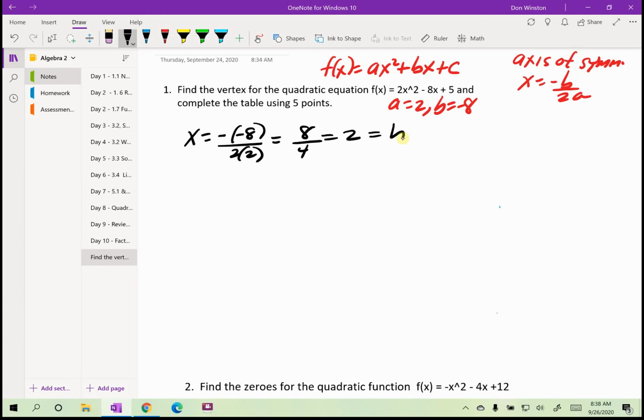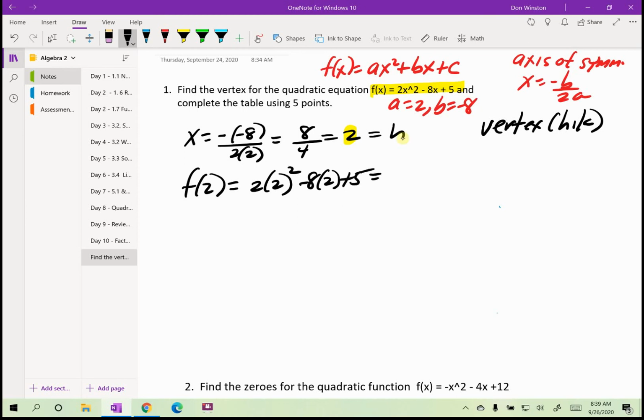And the vertex. So the vertex here, remember, is (h, k). So that's my h value. And then we need to substitute 2 back into that equation to get my k value. So f of 2 will equal 2 times 2 squared minus 8 times 2 plus 5, and that will equal 2 times 4 minus 16 plus 5.